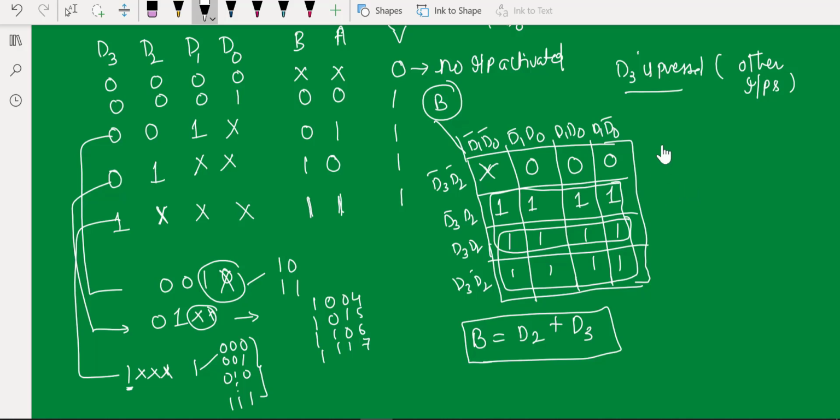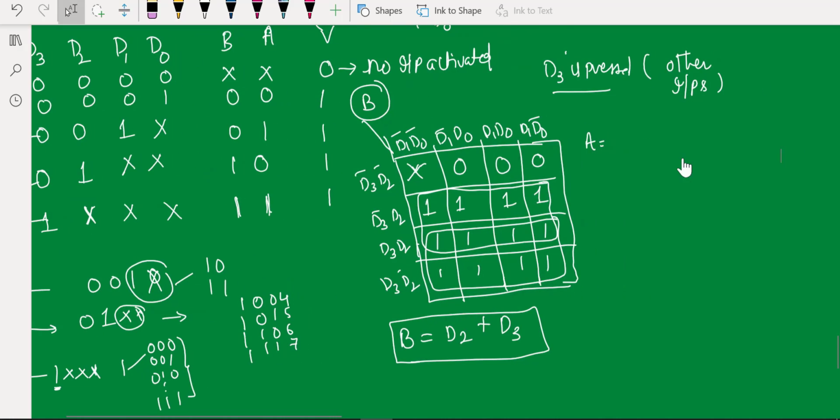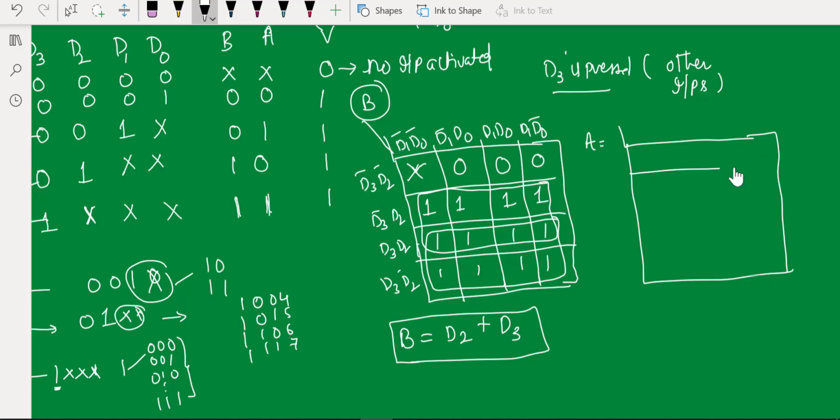Similarly, if you write it for A, I'm going to take one more K map. So I'm going to fill my A inputs.